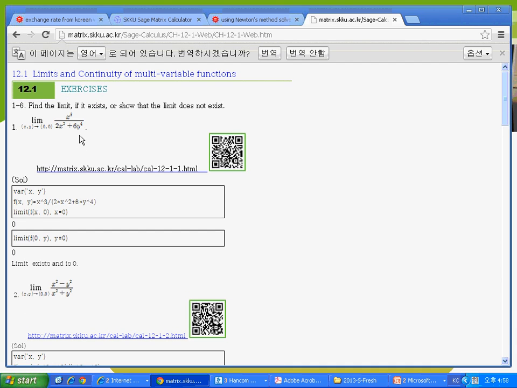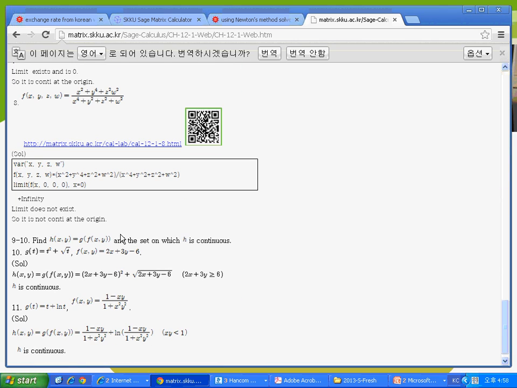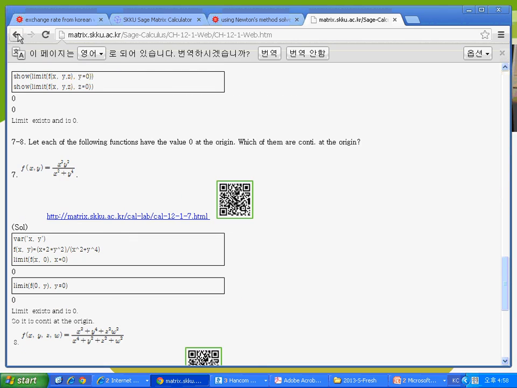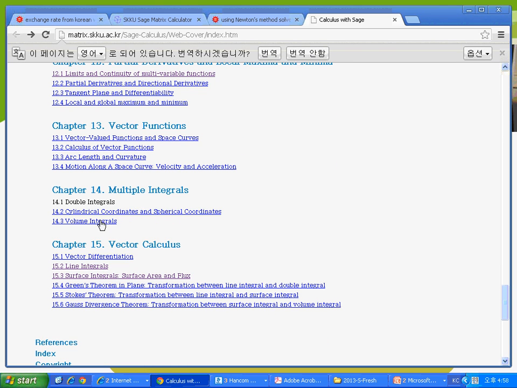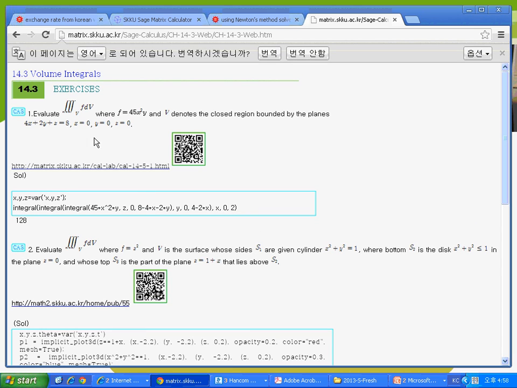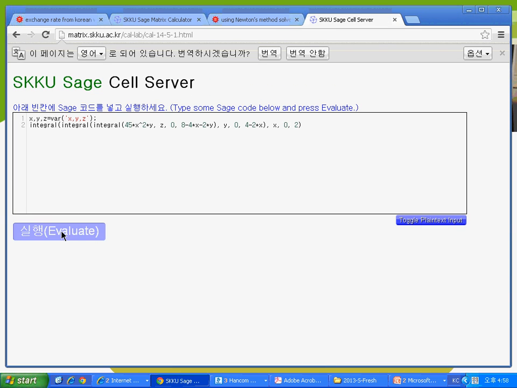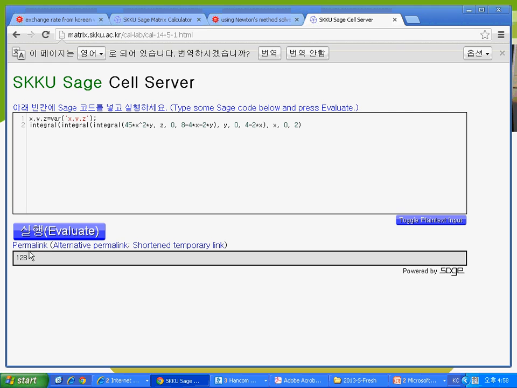For example, multivariable calculus, let's see the partial derivatives and multiple integrals and volume integral. If you want to find the triple integral of this, then the solution is 128. We can find it by hand also, but if you use this tool, then we can easily have the solutions. If we have different functions like this, then we can also find the solution for that.